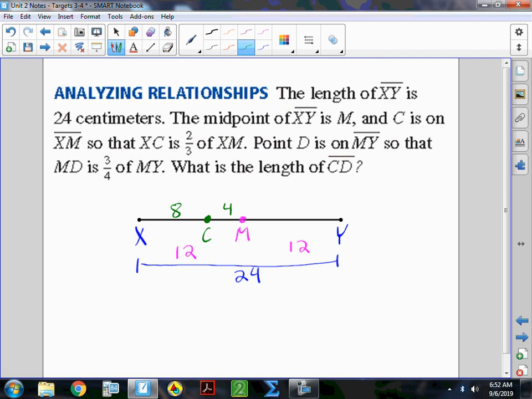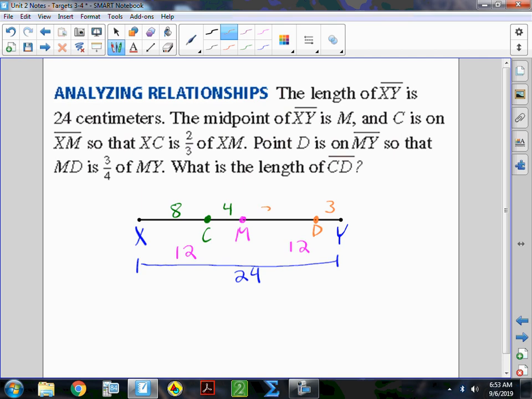Point D is on MY, such that MD is 3/4 of MY. So there's D. This time if I divide 12 by 4, I get 3. That's 1/4.